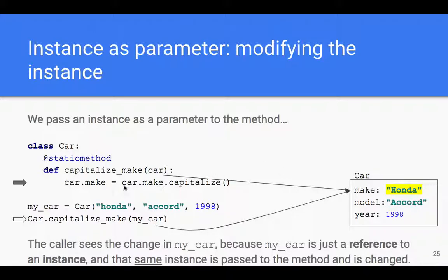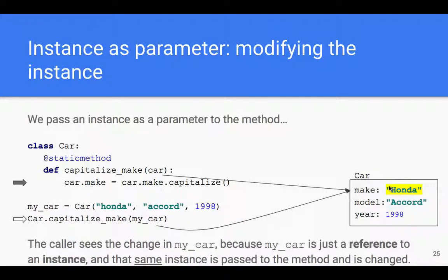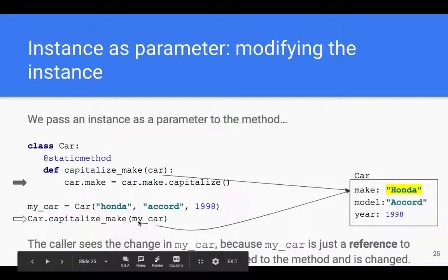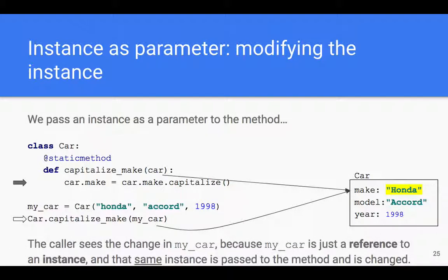And then when we change that instance's attribute to a different value, that change is visible through both the parameter and the global variable, because they both point to the same instance. So that same instance is just passed around, and that's why the change is visible everywhere.